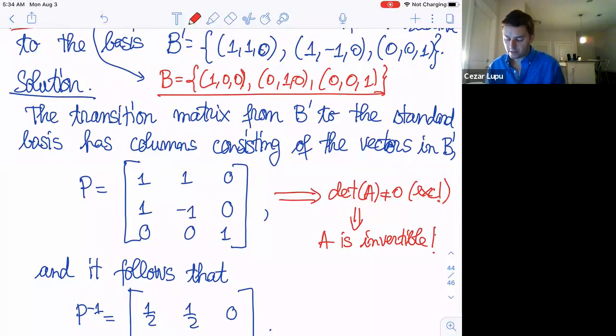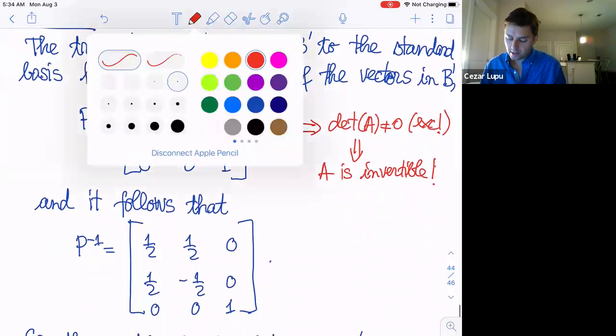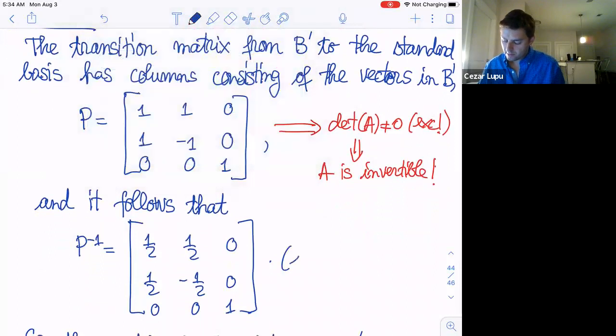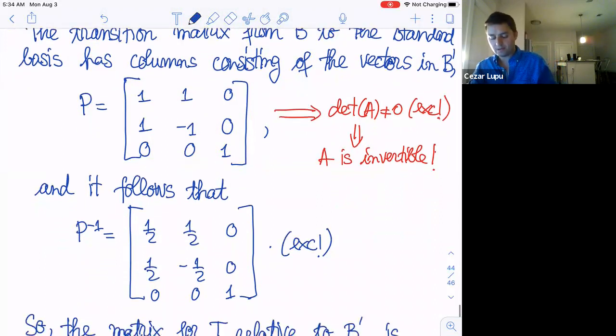The inverse exists, and you can actually compute this. And the inverse, I'll leave it to you as an exercise. There are plenty of ways to compute this inverse. It is given by this. So P inverse will be 1/2, 1/2, 0. That's the first row. The second row is 1/2, -1/2, 0. And the third row is 0, 0, 1.